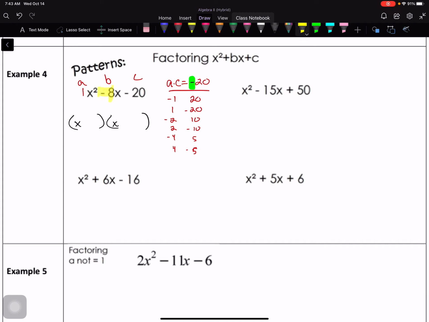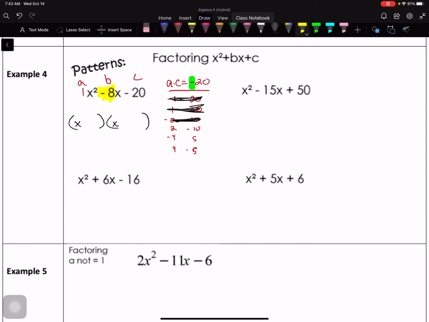So starting from the top, let's add them all up. Our goal is to get to negative 8 now. So negative 1 plus 20 is 19, not going to work. 1 plus negative 20 is negative 19, so that's not going to work. Negative 2 plus 10 is positive 8. Close. We're trying to get to negative 8, so we know that that's not it, but it's probably those numbers, just the signs flipped.